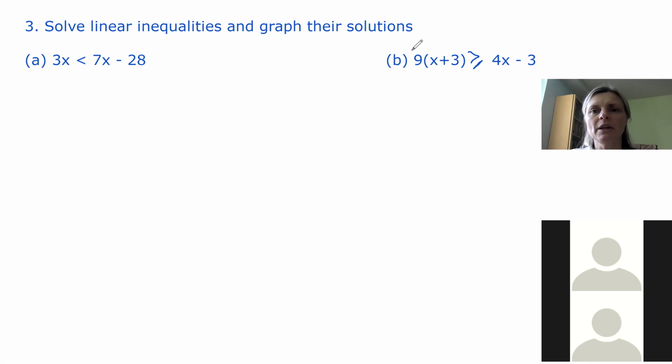So in B, don't forget to open the parentheses first, right? And in A, you just move 7x to the left right away. So let me show you the first step in each one of them. Over here, you'll move 7x to the left, and over here, you'll open the parentheses first, then move the 4x to the left, okay? And while you're working on them, I'll put up those two differences.